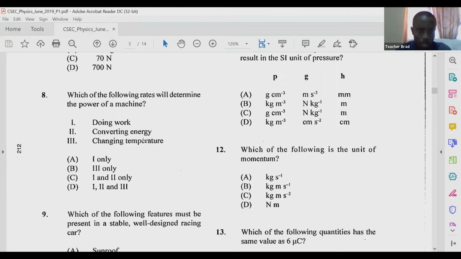Rate of changing temperature is not power. So 1 and 2 is correct in this case. We know that 3 is incorrect, so anyone that says 1 and 2 only, that should be your answer. So your answer in this case should be C as in cat, 1 and 2 only.